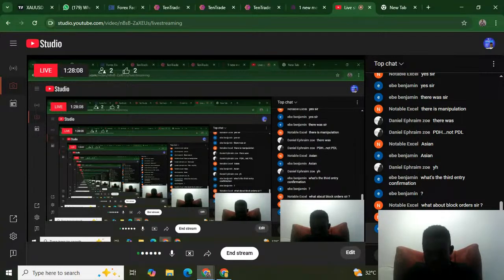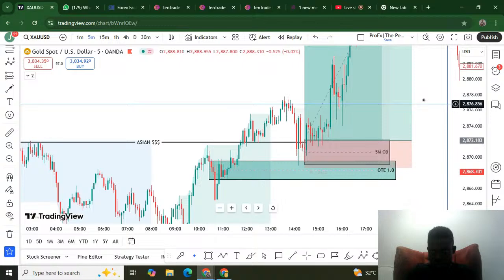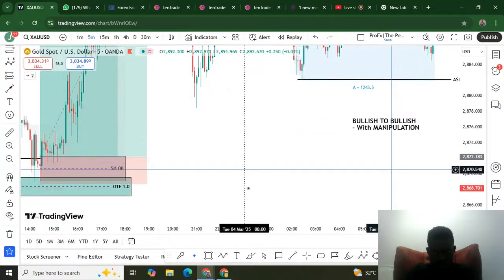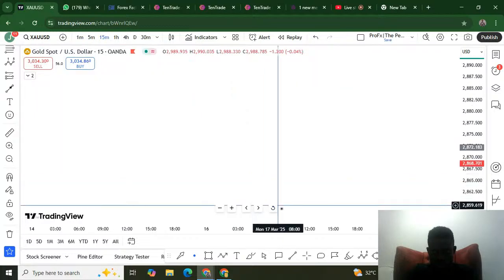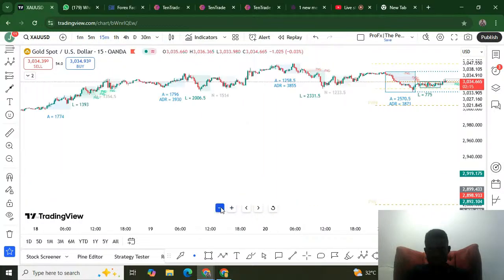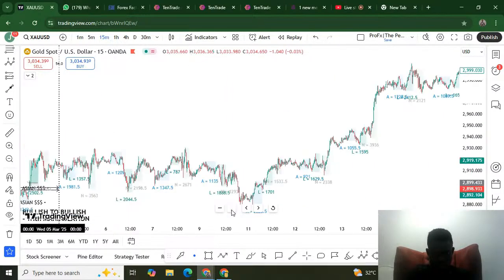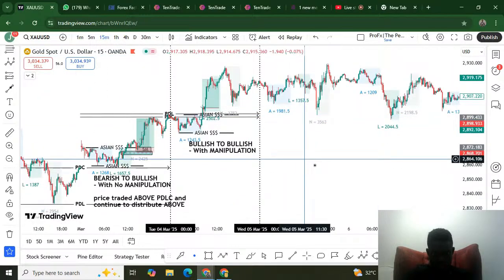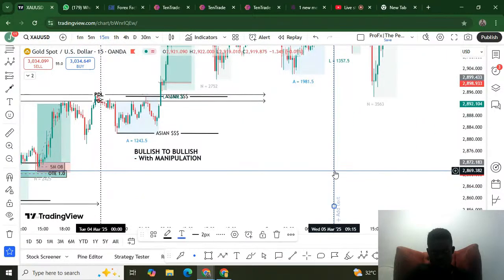Price trade above PDC, mostly below where the, yeah, good. Bullish to bullish with manipulation.